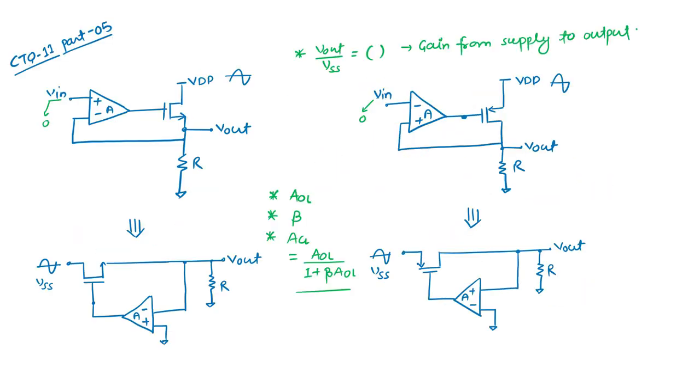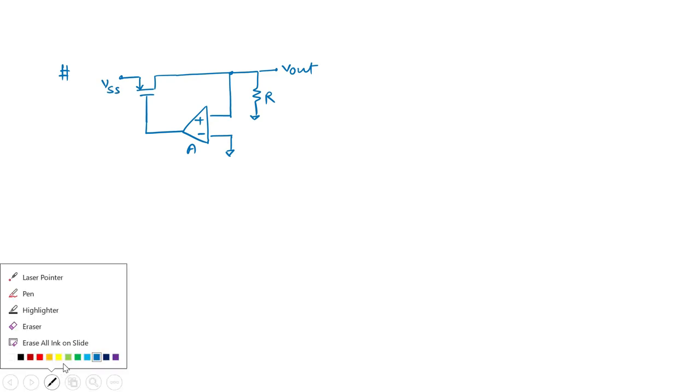Okay, so what is the other circuit? This is my other circuit. Here is my amplifier. This is positive, this is negative. You have to break the loop here and analyze the circuit.